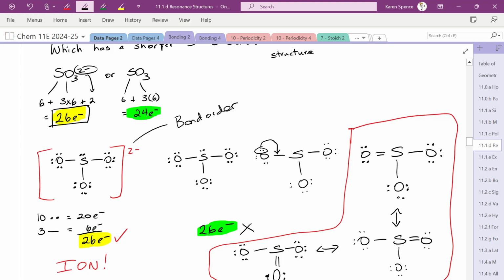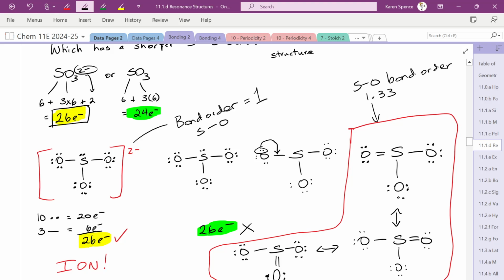In SO3 2-, it is 1 for all of them. But here, the SO bond order is how much? 1.33.